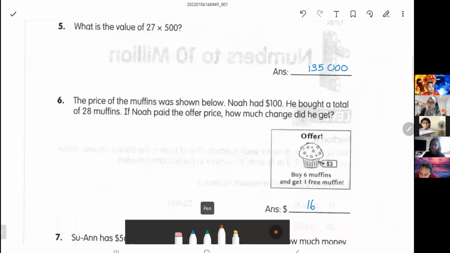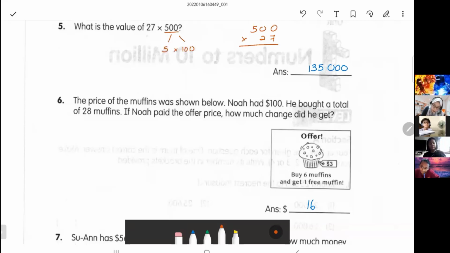What is the value of 27 times 500? Okay, big numbers, right? Either you do 500 times 27, which is very lengthy, or you do a shortcut. I break up 500 into 5 and 100.